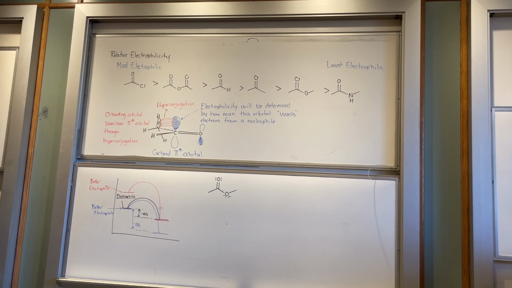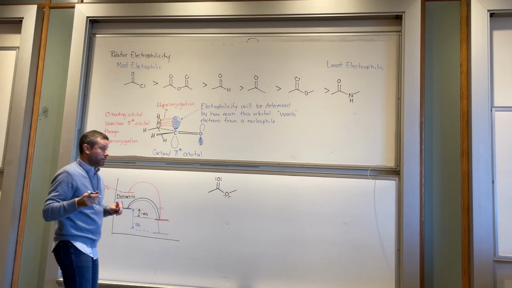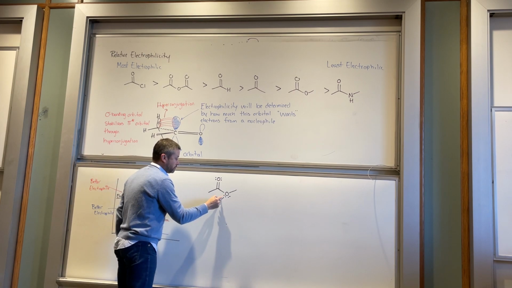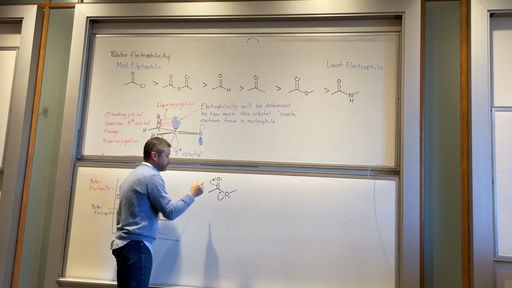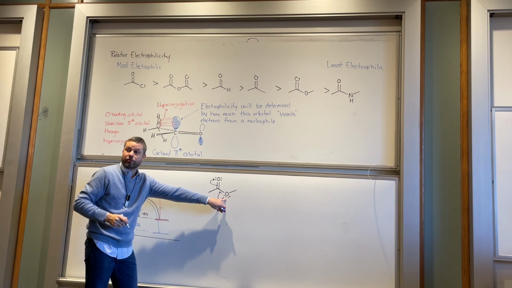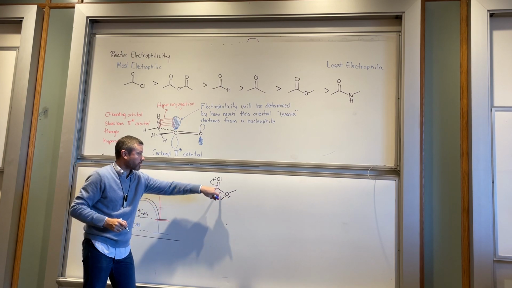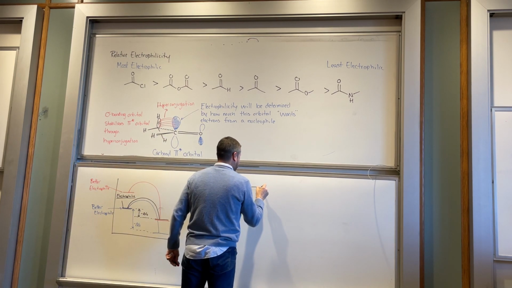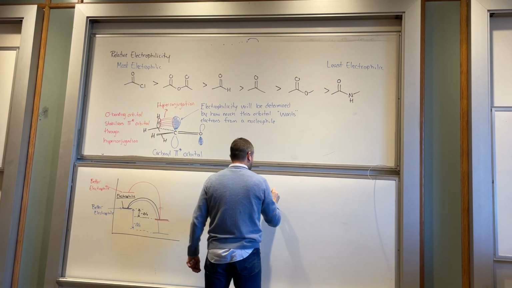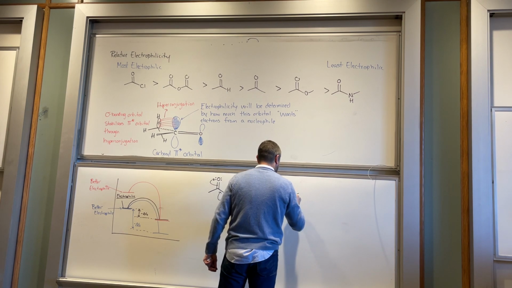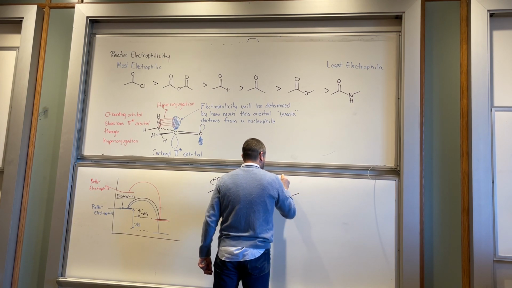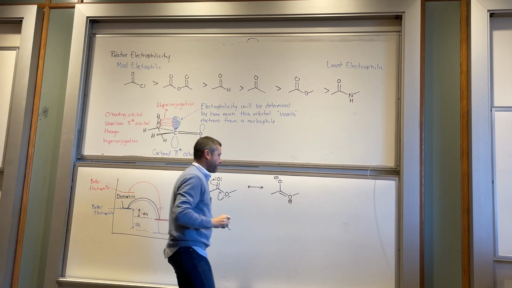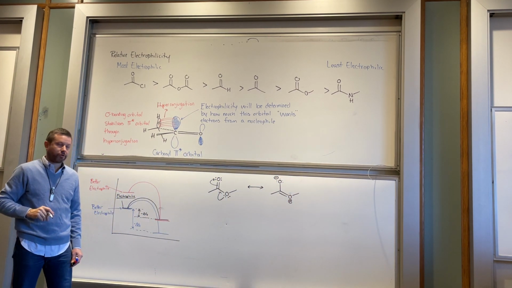How would we show it? Javi? Right, so we could show a resonance structure where these electrons from the oxygen are conjugated with the carbonyl pi system and can donate into that pi system. And that would be the resonance structure for this compound.